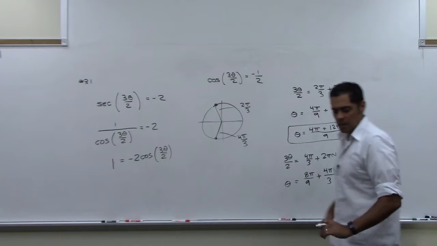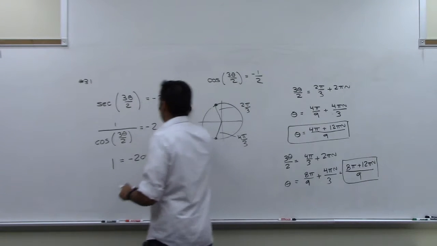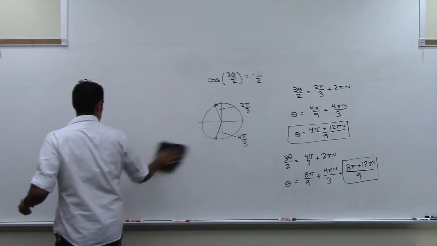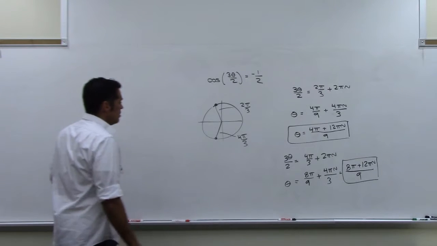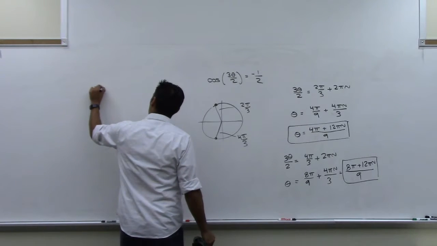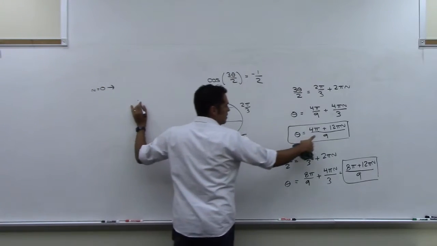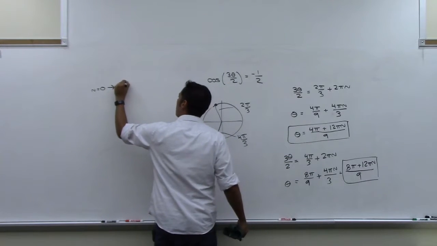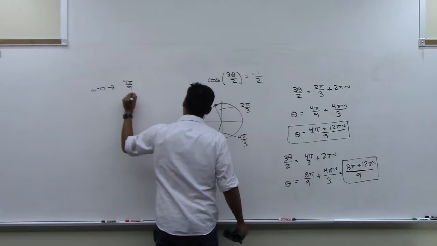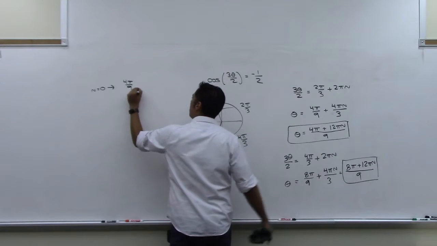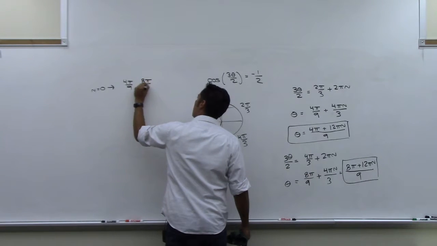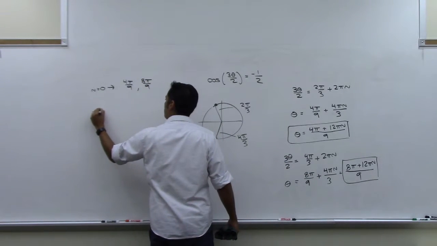And now start plugging in values of n and see if we can get all the answers between 0 and 2 pi. So if n is 0, we get just 4 pi over 9. And then if I go n is 0 here, I get 8 pi over 9. Those are both less than 2 pi, so I move on.